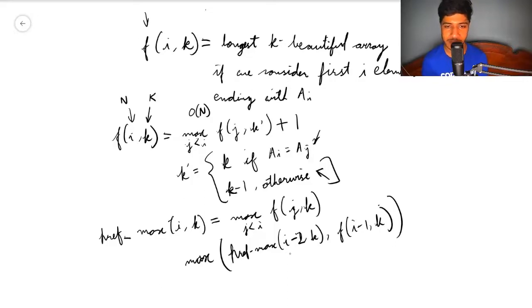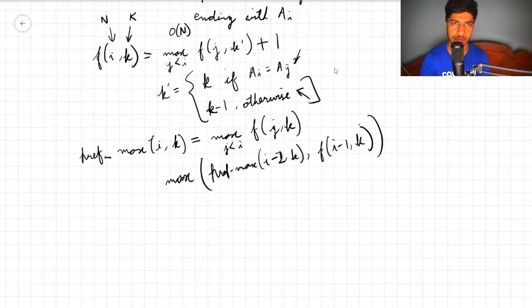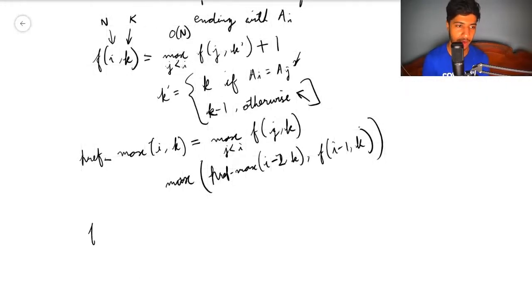So why is this important? Because for every aj that is not equal, we have to take what? Now f i, k will be the max of two things, right? So I'll write it in two lines.